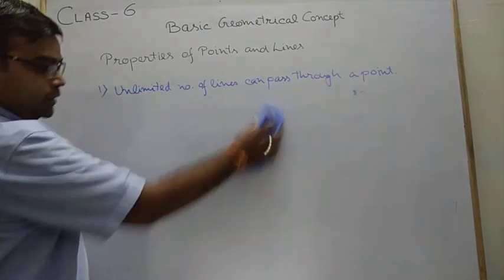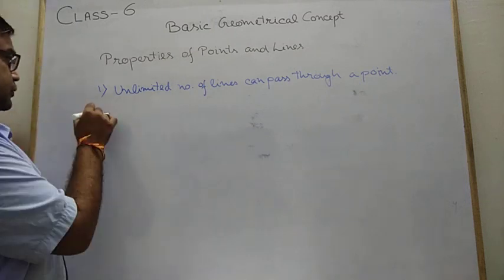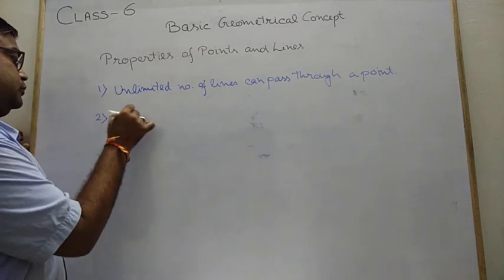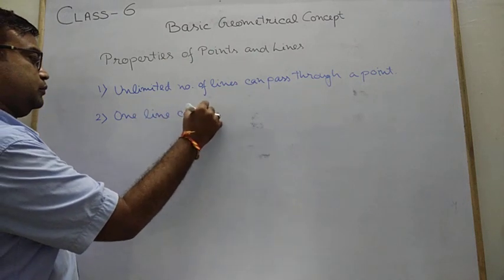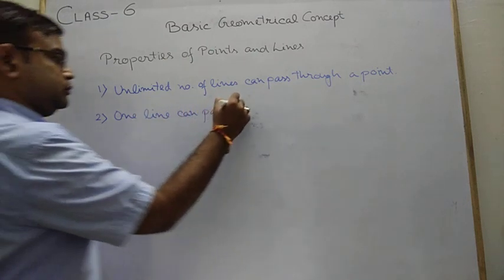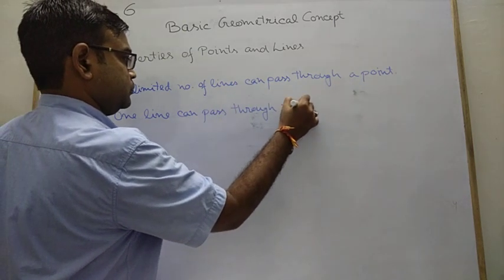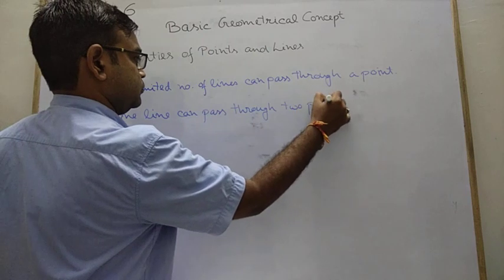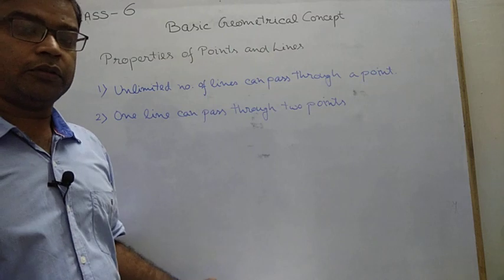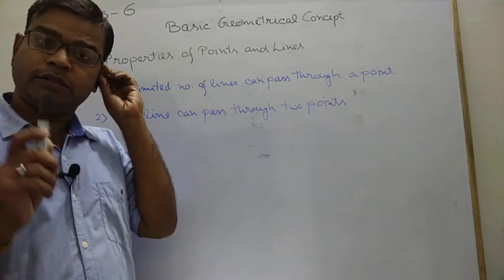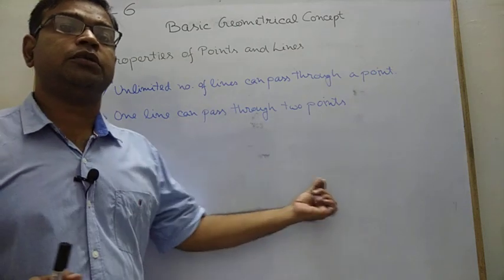Then the second property says that if there are 2 points given to you, then we have only one line which can pass through both the points together.